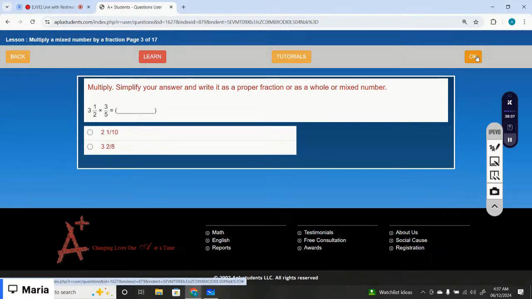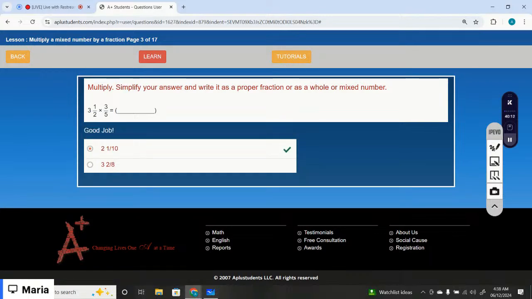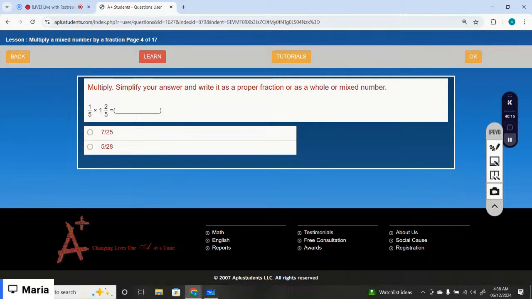3 whole 1 by 2 times 3 by 5. Which is the correct option? The correct option is option number 1, that is 2 whole 1 over 10. Next, 1 by 5 times 1 whole 2 over 5.